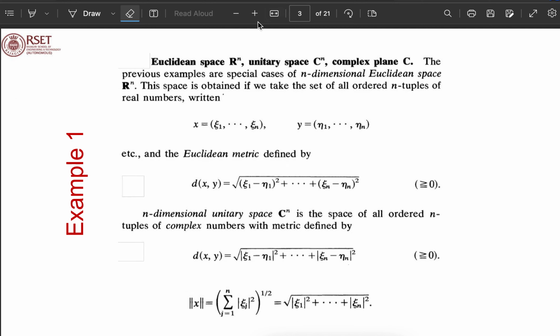So in general, we can define norm on Cn and norm on Rn like this.